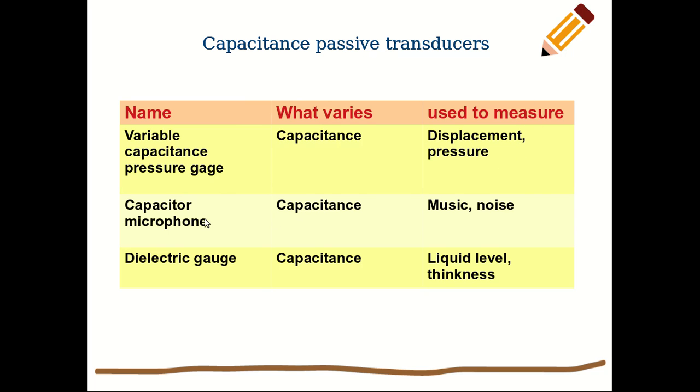The capacitor microphone, which is a very well-known device, is again a passive transducer. The dielectric gauge is again a passive transducer.